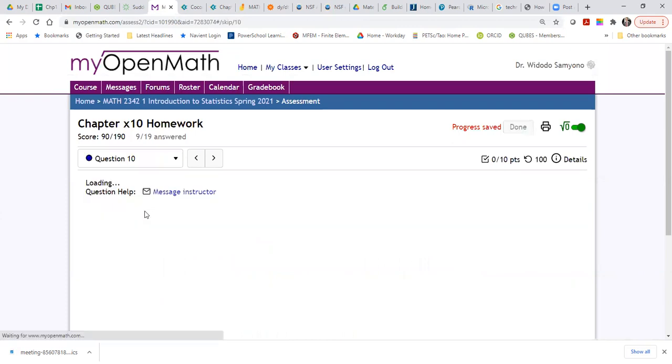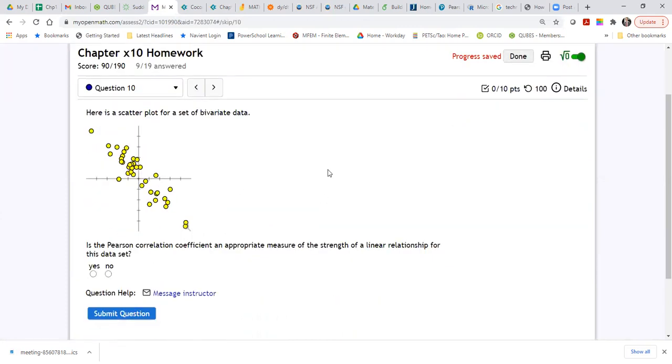Okay, so easy, right? For this one, from the left to the right, that means the correlation is negative correlation, that's the strength, right? Is the Pearson correlation coefficient an appropriate measure of the strength of linear relationship for this data set?